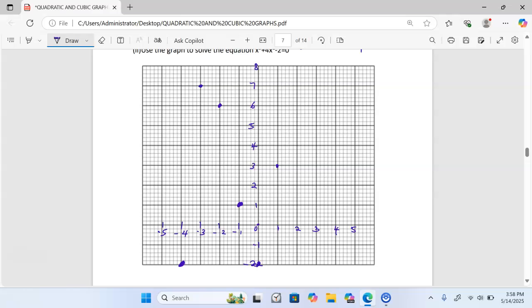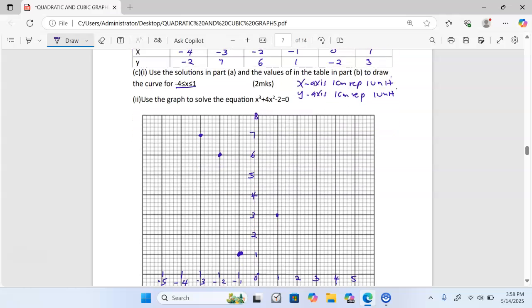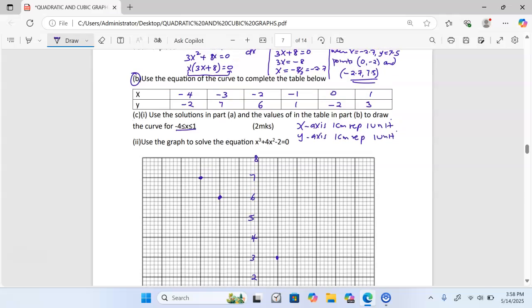Having done that, now we can go and join all the points, but before we join all our points, we must also make sure that we plot the turning points of the curve.